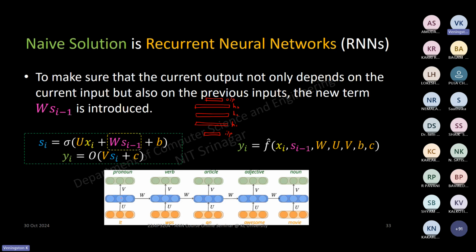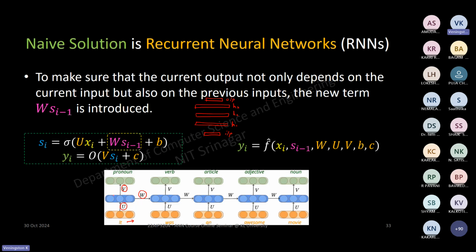So here we have our input, and then we use weight matrices U, V, and then W. Through W, the knowledge that the model has gained from the previous input is shared with the subsequent time step.